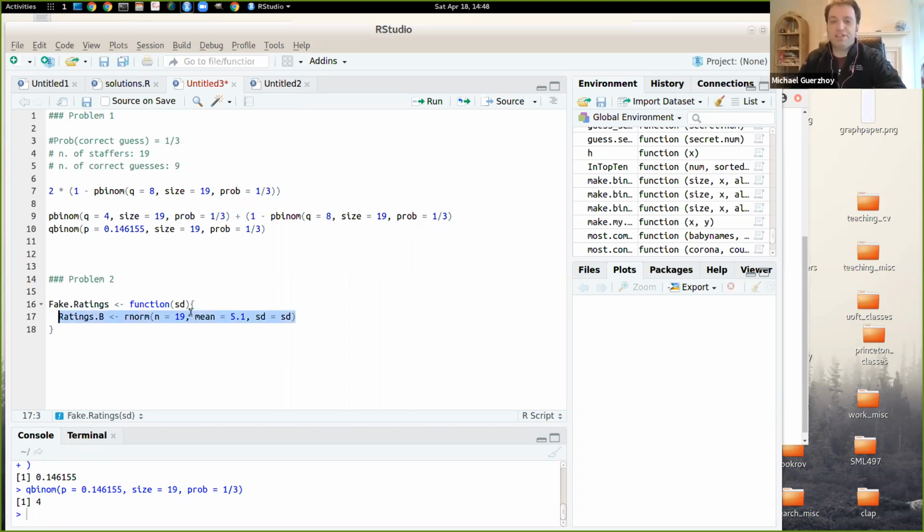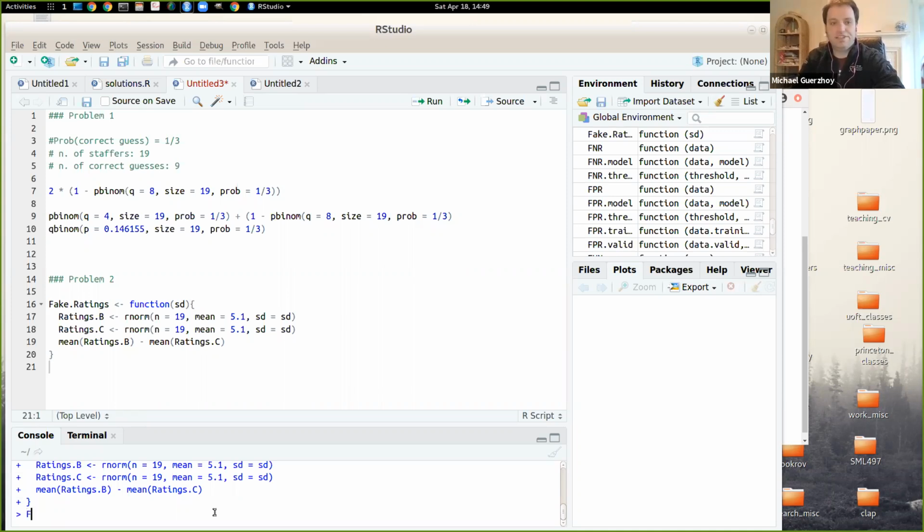Similarly, we'll generate ratings C. What we're interested in is the difference between the mean of ratings B and ratings C. So we'll do that. Now I can say fake ratings, SD equals 1.5.